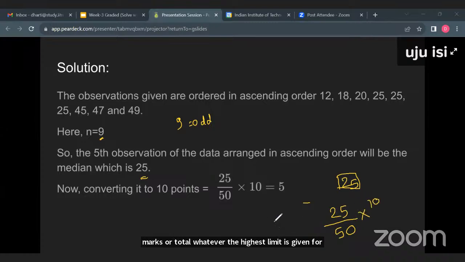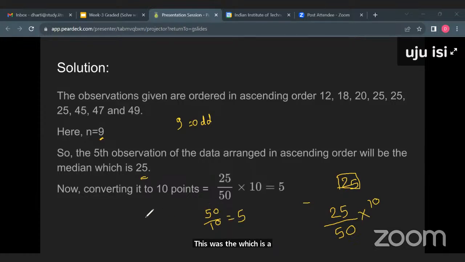I have told you to divide 50 by 10, right? This was the bin length, which is equal to 5. But you can go directly by this one also. Answer is 5. But I will tell you the answer in the bin format also.